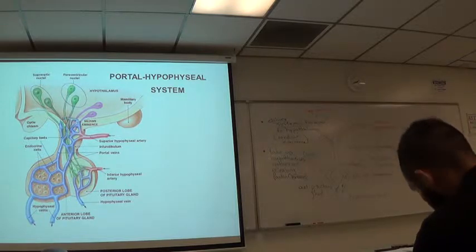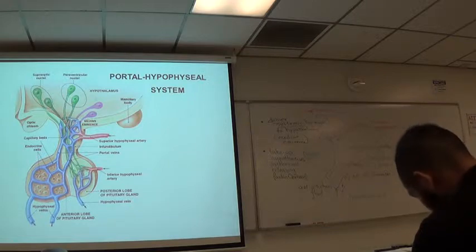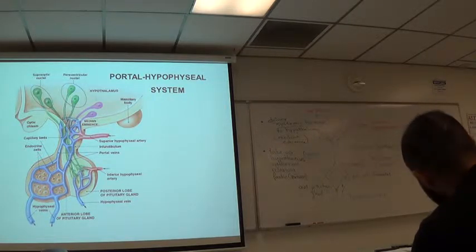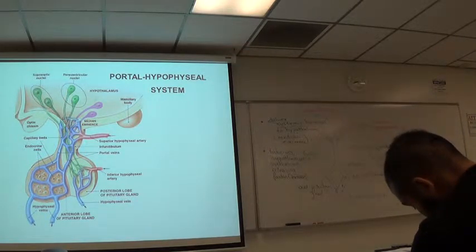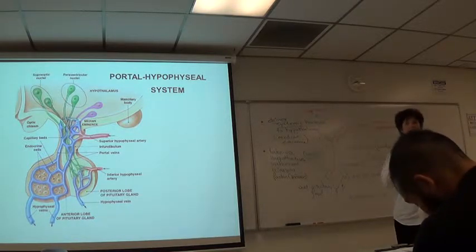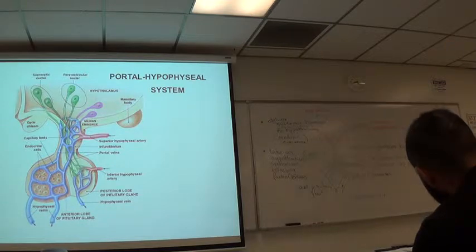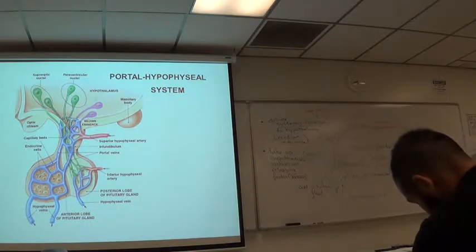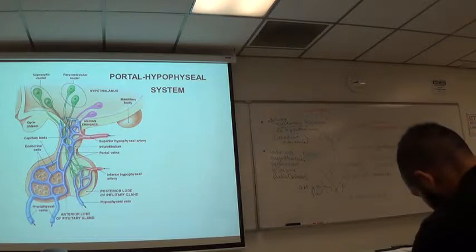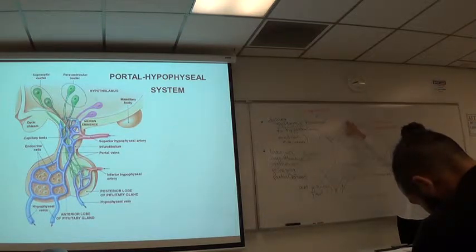So we'll go over this again more thoroughly after break, but just to review before we look at the posterior pituitary, let's take an example. The thyroid gets a little complicated, so let's look at the ovaries. Let's say that estrogen levels are low. Blood coming in the superior hypophyseal artery to the hypothalamus is going to have low levels of estrogen.